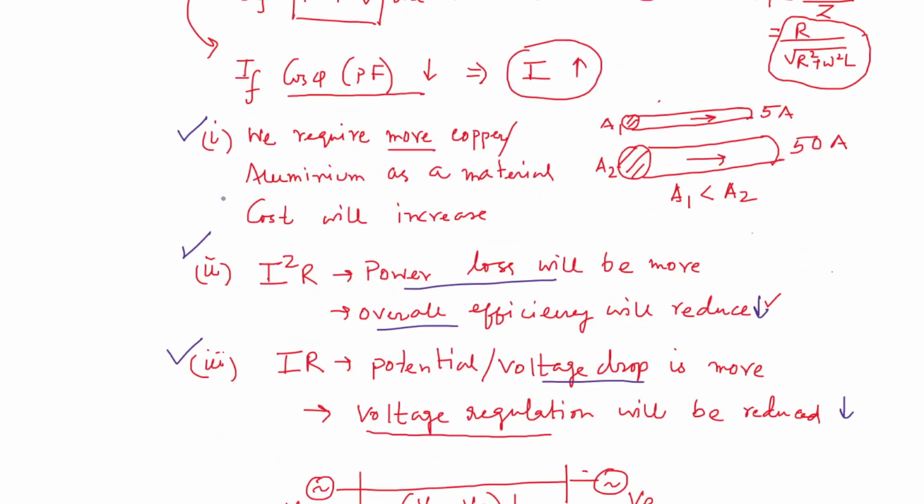If we can improve our power factor, then these things will be mitigated. That means if power factor is more, then current will be less, conductor material will be less, so cost will be reducing. If the current will be less, then power loss will be less, then efficiency will be more.